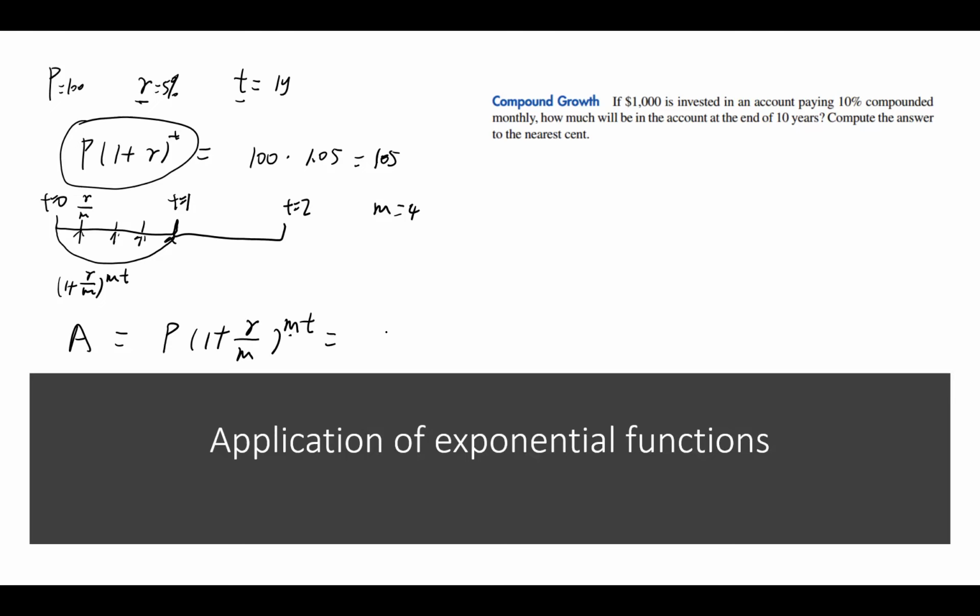Another way to understand this is that we still have P, we do this for 1 year, many times, and then we do the compounding and raise it to the power of T, right?